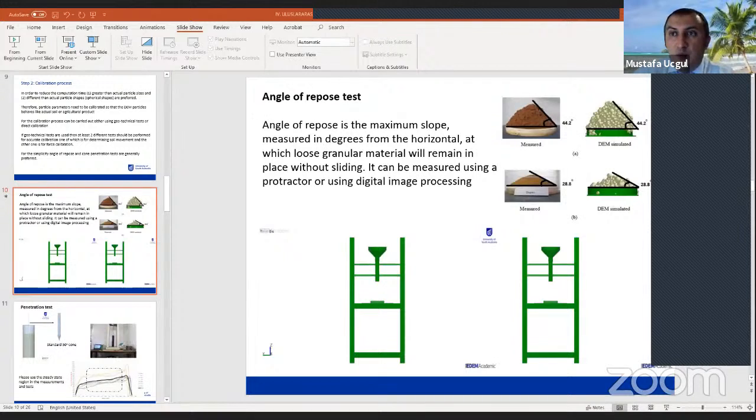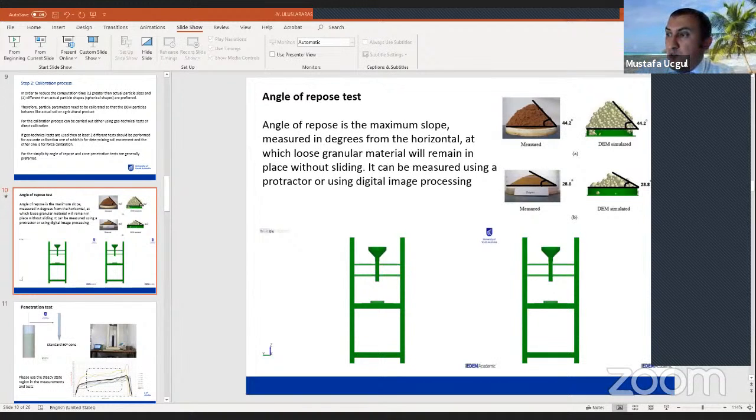To do so, we can run an angle of repose test. This test, as you can see here, helps us to determine the shape of the pile.